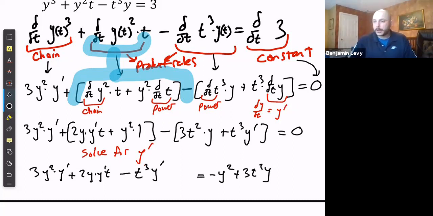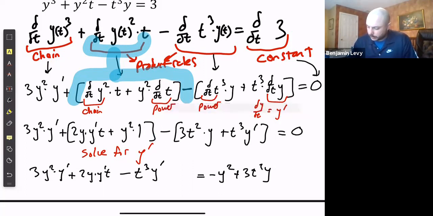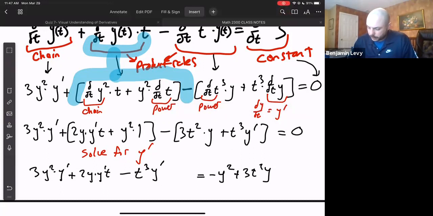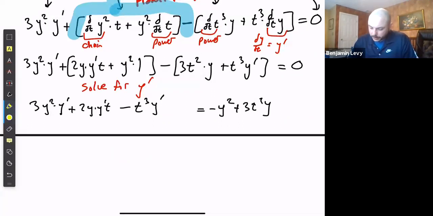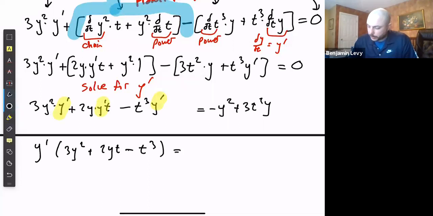And so I'm keeping all the y primes together, because now I can factor out a y prime. Feel okay about that? Because now I see there's a y prime, y prime, y prime, so I can factor that out. And then we'll just move it over to the other side to get y prime by itself.